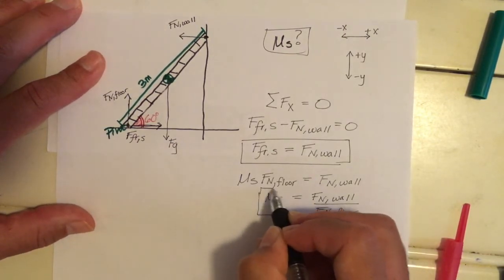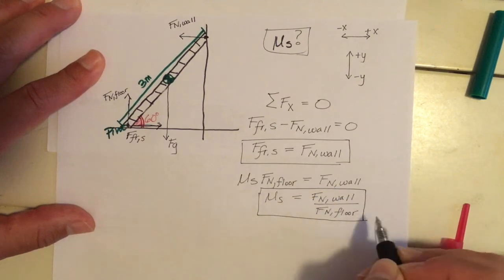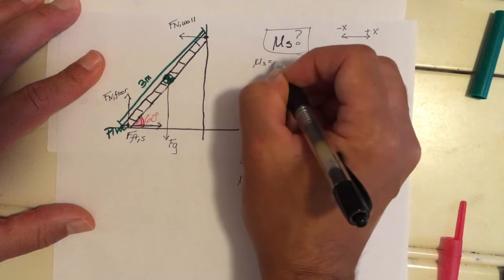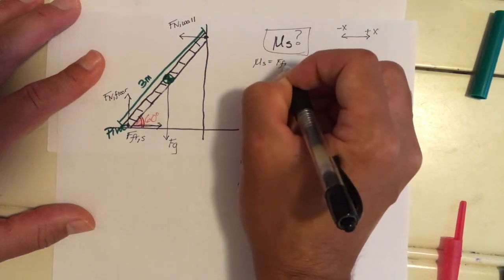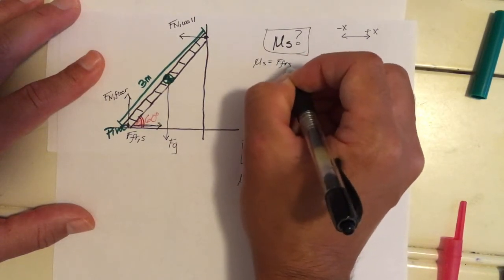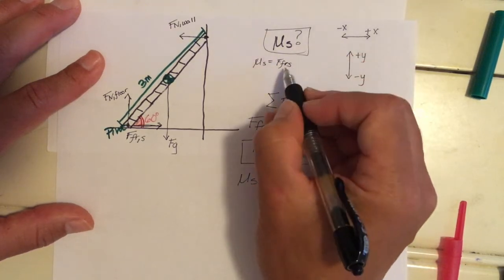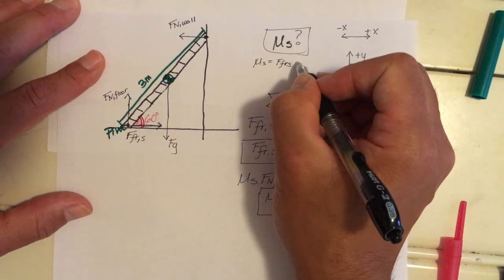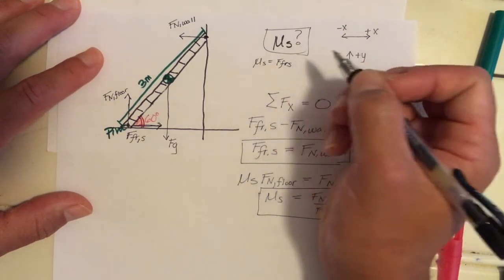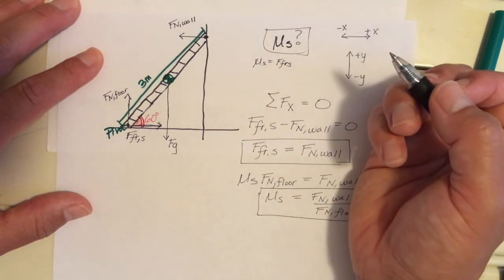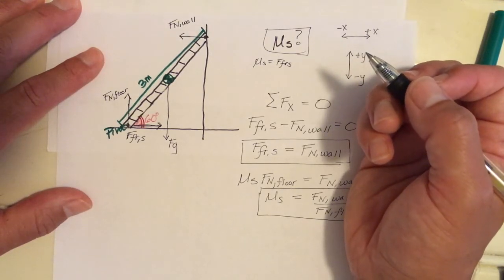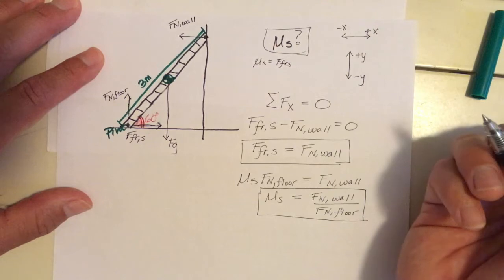All right, so what I got from there, by using that trick, knowing that force friction static equals mu static times Fn, I could have just written FFS.